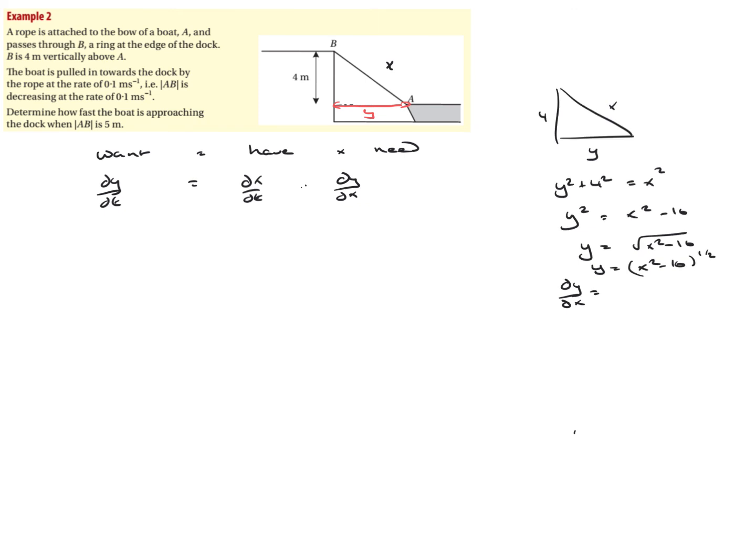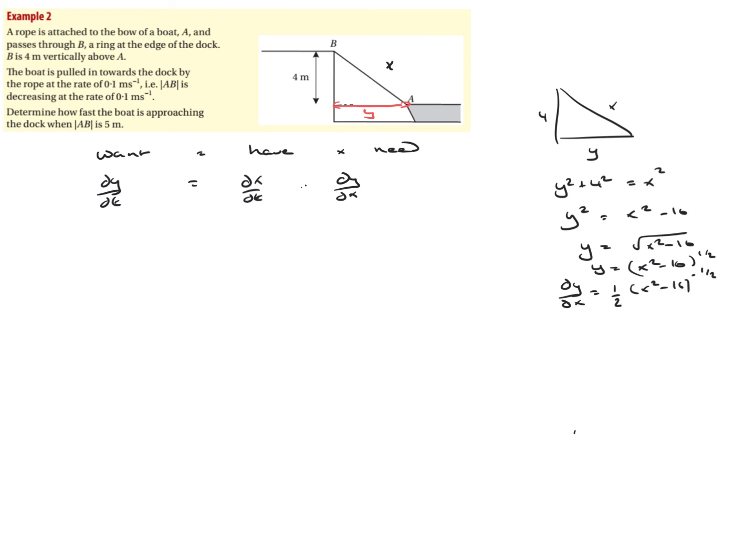And we can use the chain rule in order to do this. So remember, for the chain rule, we bring down the power, we rewrite the bracket, we take one off the power, and then we differentiate the bracket. So bring down the power, that's a half. Rewrite the bracket, x squared minus 16, take one off the power, so that's minus a half, and then we differentiate the bracket here.